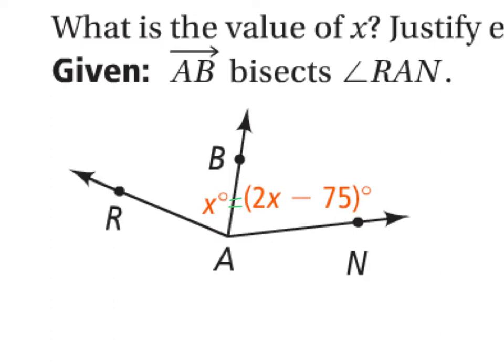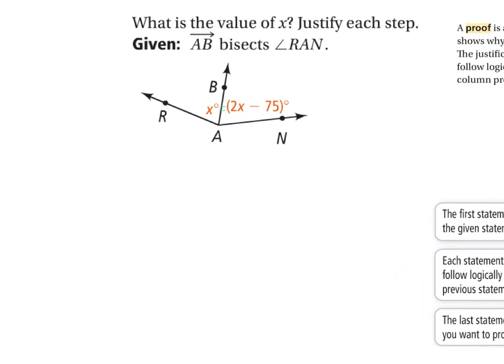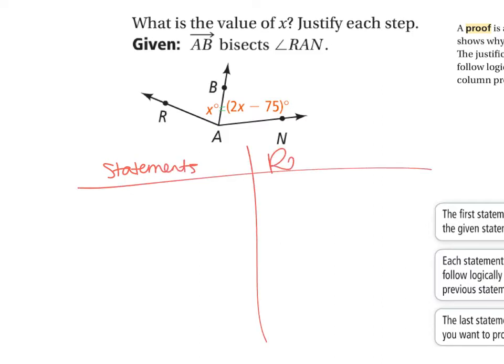So I really just walked you through the layman's terms of the proof, but now we get to write it out. So you have your statements and your reasons. Let's start with number 1. The basic part, you're always going to start with given. So what did they give you? They said that ray AB bisects angle RAN.